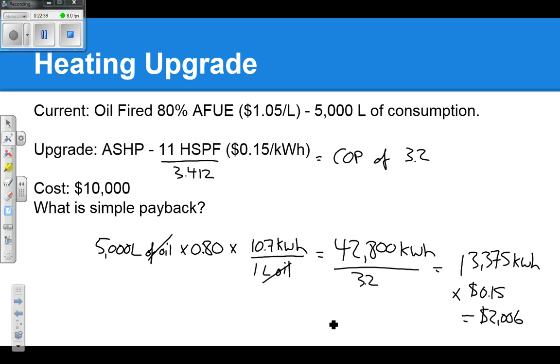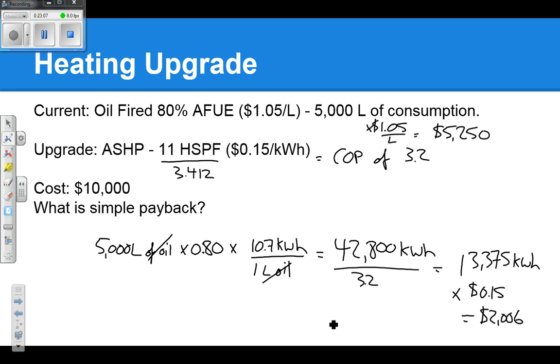So 5,000 liters multiplied by 1.05 per liter, now that was $5,250.